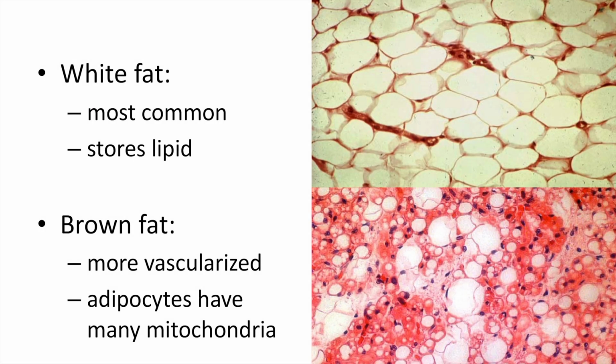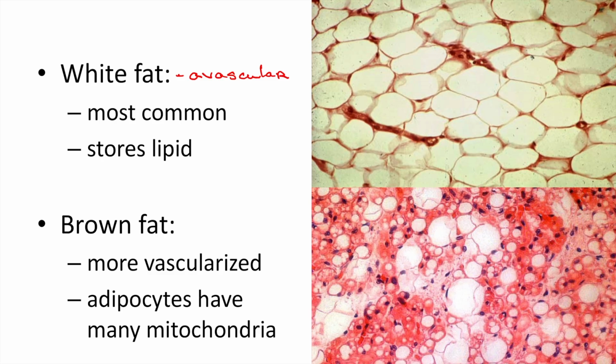There are a couple of different types of adipose tissue. There's white fat, which is the most common form. It is pretty close to avascular, and it's designed to store lipid. It's not designed to be metabolically active.